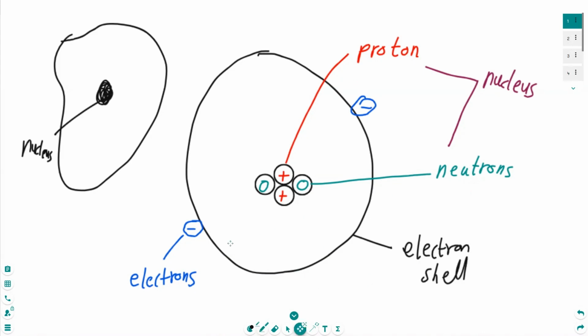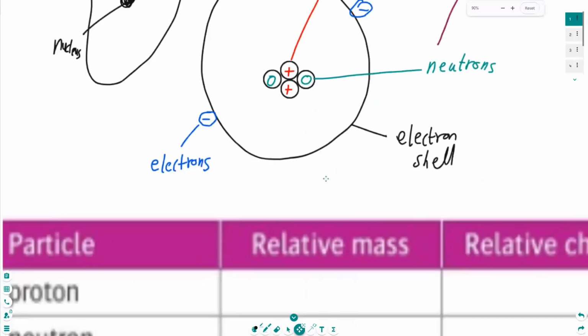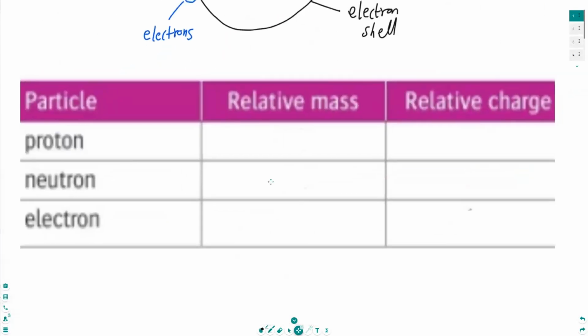Now, protons, neutrons, and electrons have different charges, and they have different relative masses. And that's what we'll explain by using this table down here.